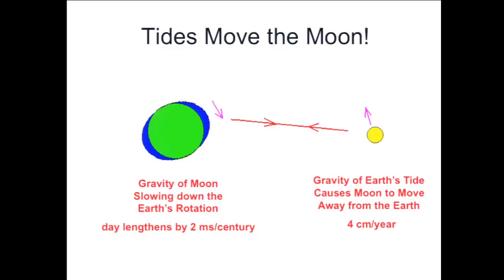But remember, we've had 4.5 billion years since the solar system formed. Over 4.5 billion years, the moon has moved from where it formed, very close to the Earth, to its current radius, much, much, much further away. And the day has actually lengthened from several hours to the 24-hour day that we know and love today.